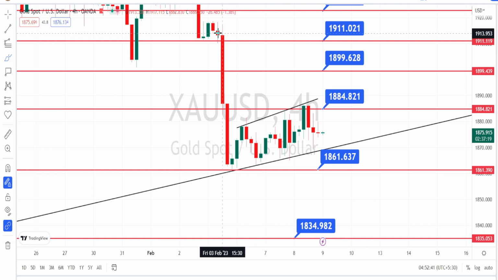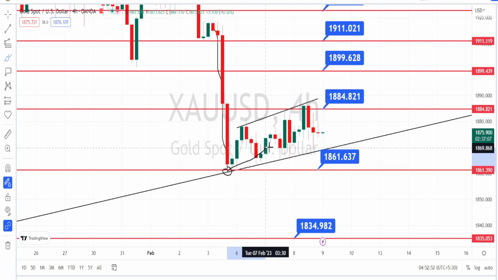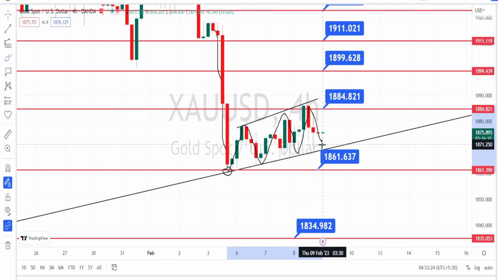And from the 4 hours time frame, we know that previously it was on a bearish trend, and currently it has taken support on the trend line and it is on a bullish side retracement. So when we compare this price action with the candlesticks pattern, it is forming similar to a bearish flag pattern.